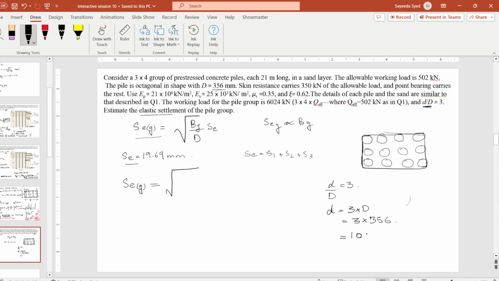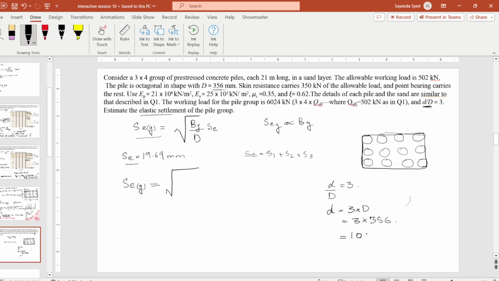As it is directly proportional, we will be taking the longer side because it is always better to be on the safer side. If we are assuming more settlement, taking 3 would give us a lower BG, which will give us a lower settlement. It's always good to be conservative than to face failure in field.